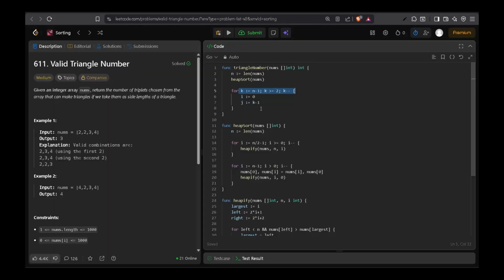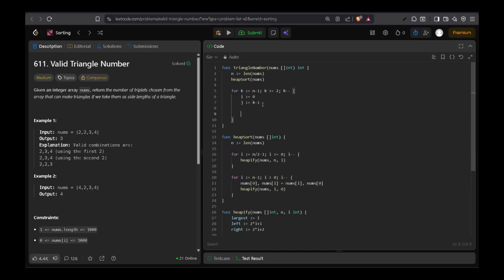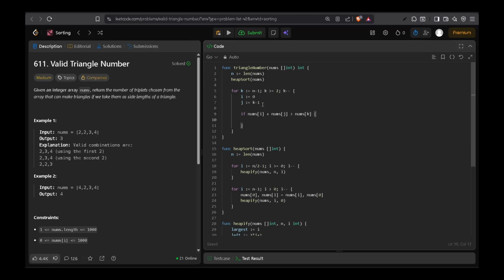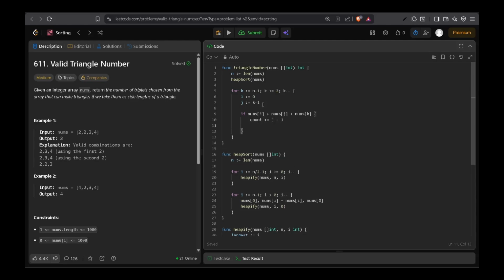Let's code it out. We've already selected the numbers. The check was if nums of i plus nums of j larger than nums of k. If it is true, then what do we do? We increase the count, and by how much? j minus i, and we reduce j as well.